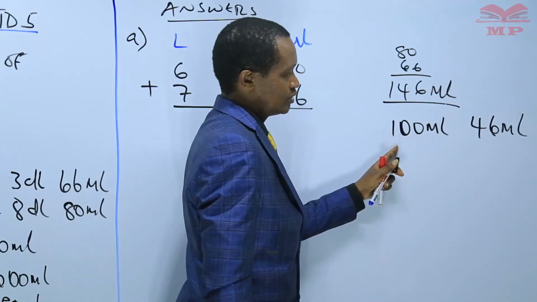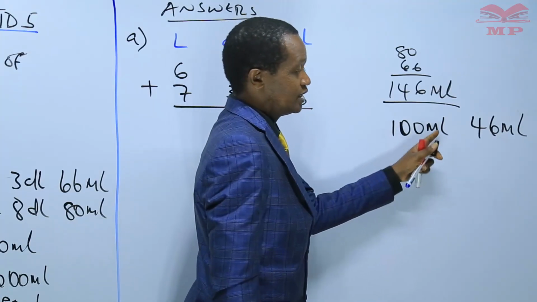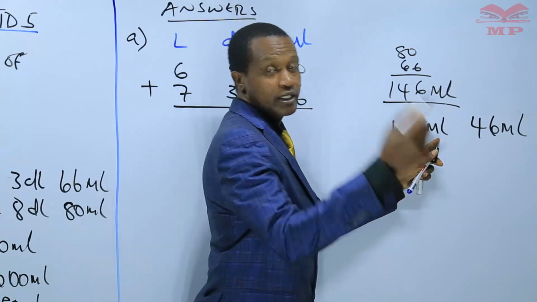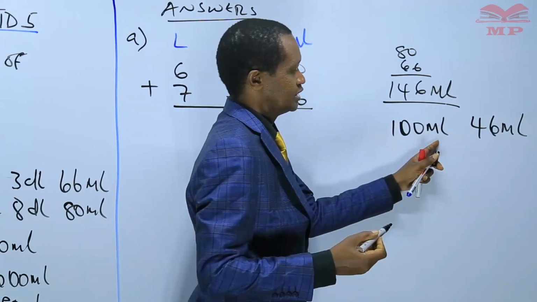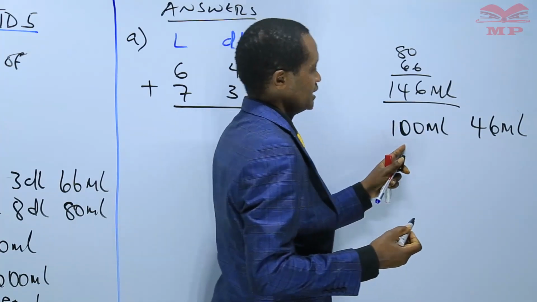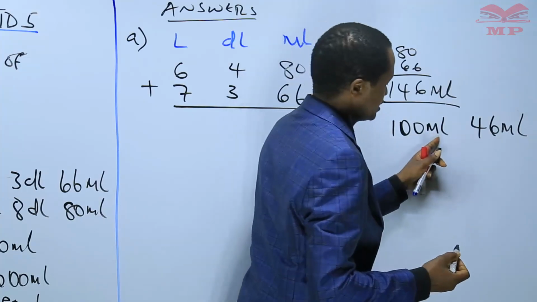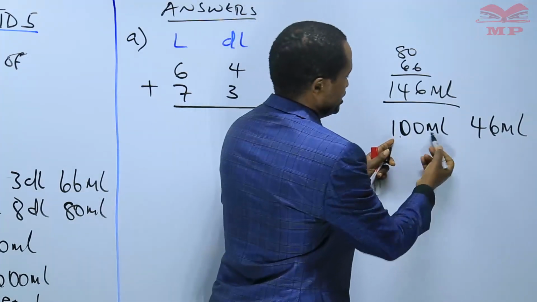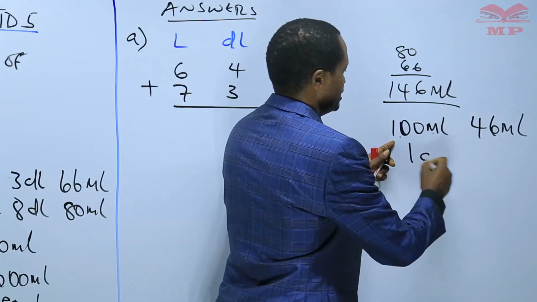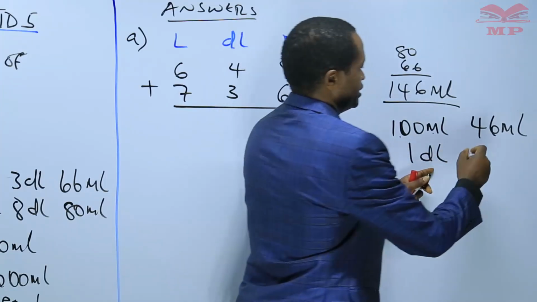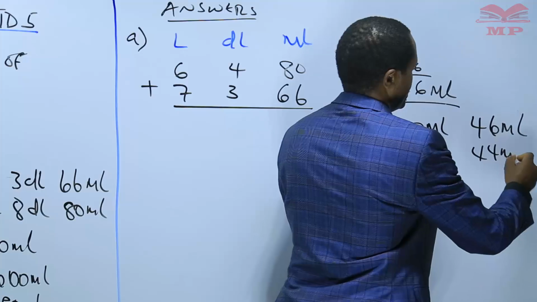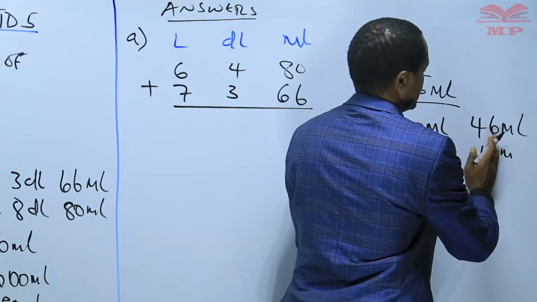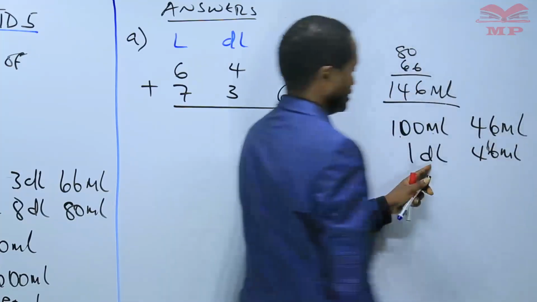And we know that 100 milliliters is equal to 1 deciliter. So 100 milliliters is equal to 1 deciliter and 46 milliliters.